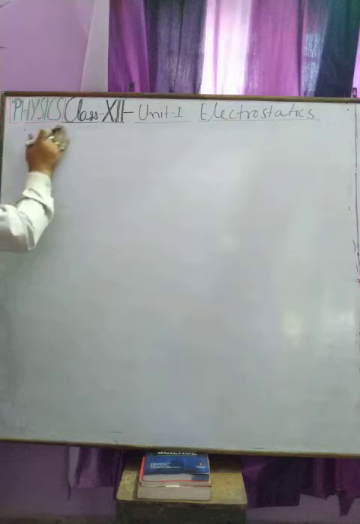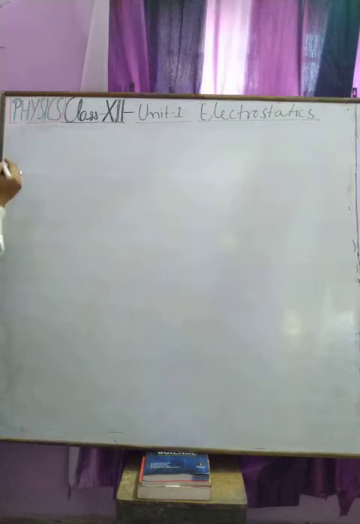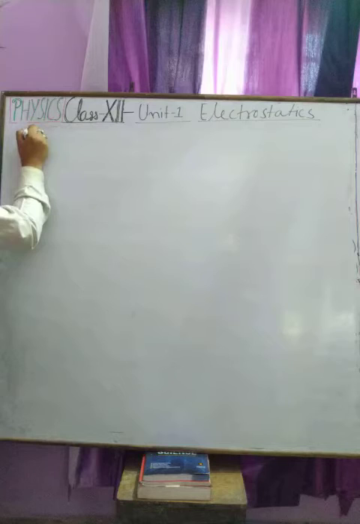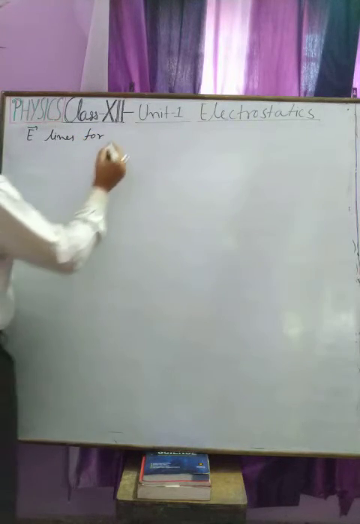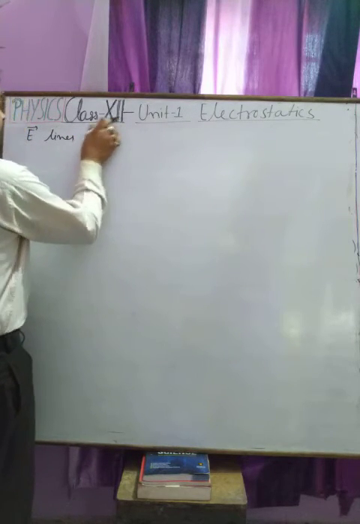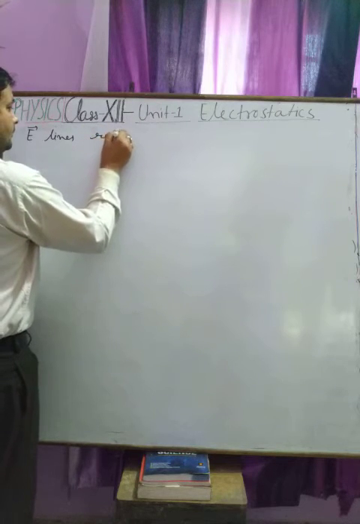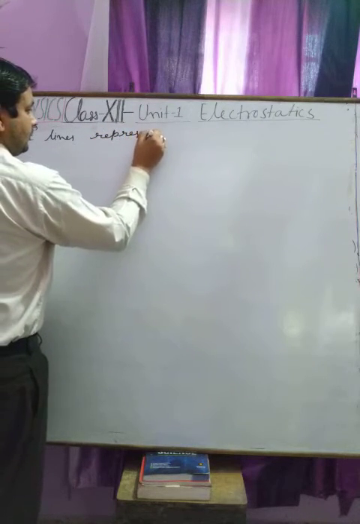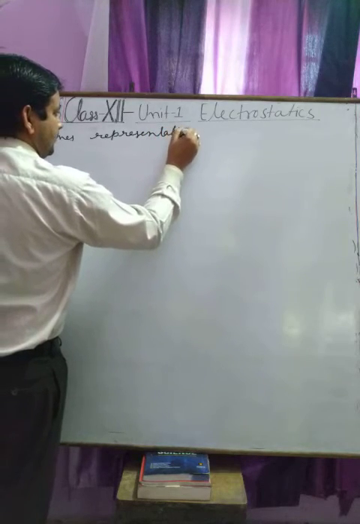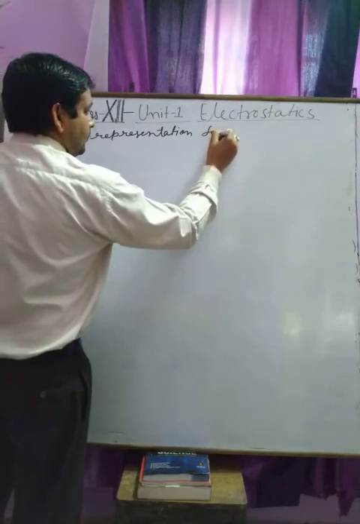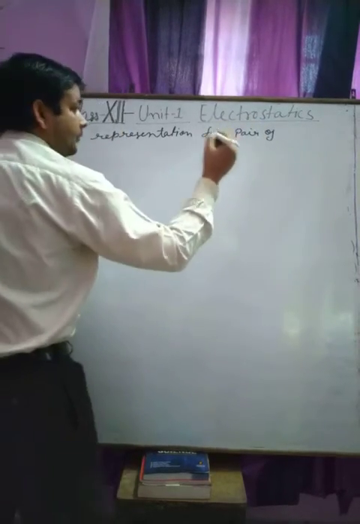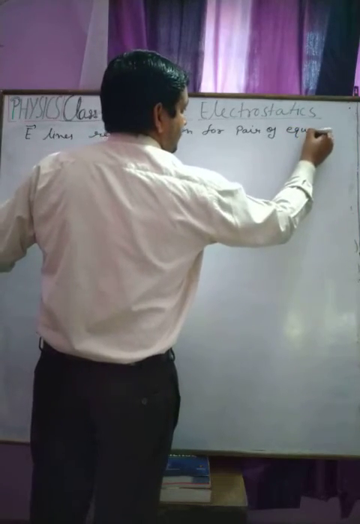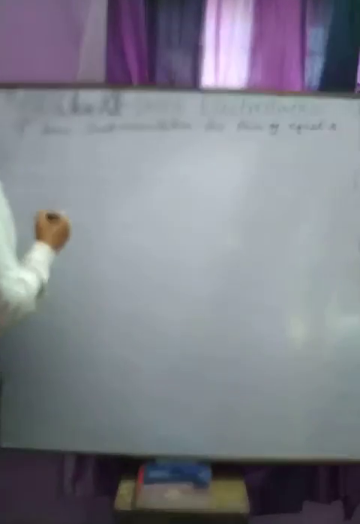Now we draw the field lines for a pair of charges. Electric field line representation for a pair of equal and like charges.